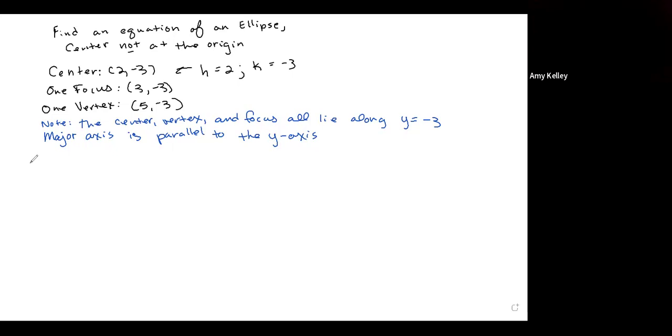So I might start by just setting up an xy coordinate axis and plotting the points that we do have already. Like, what was our given?